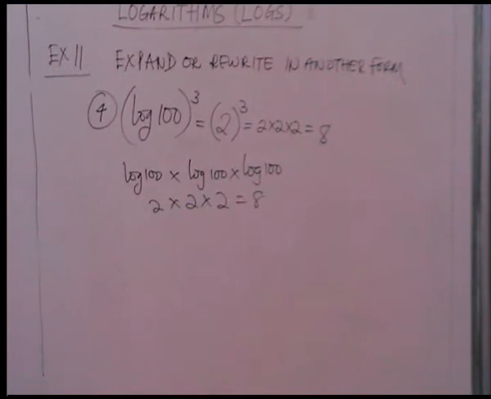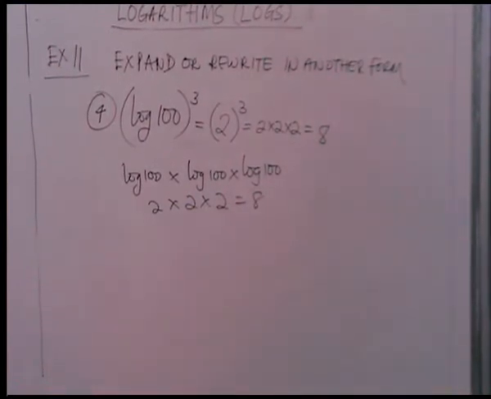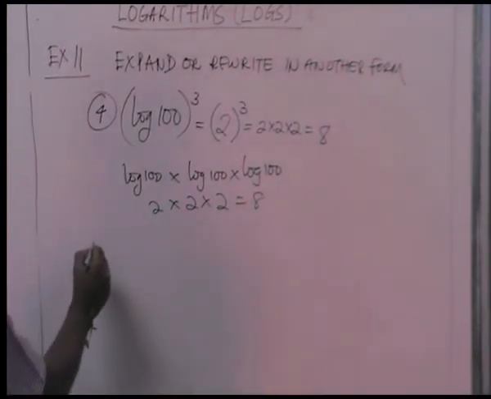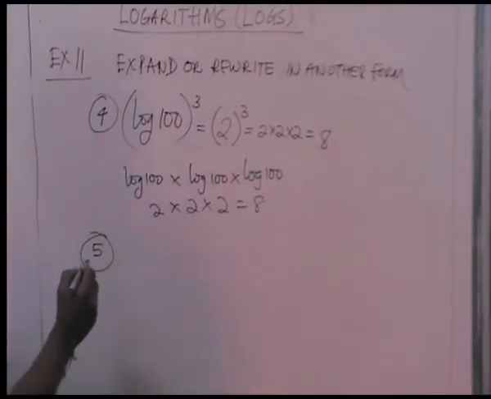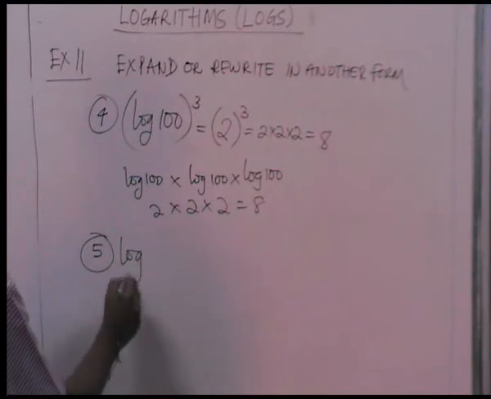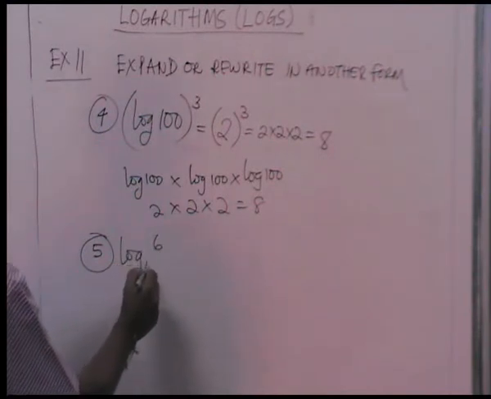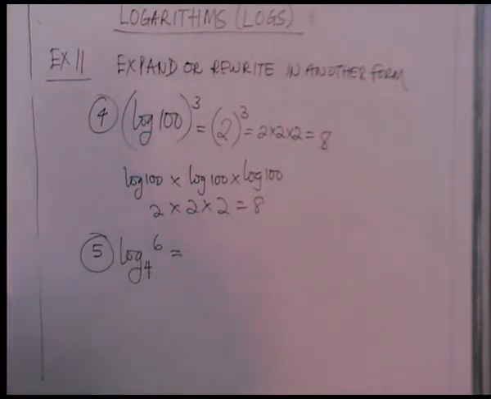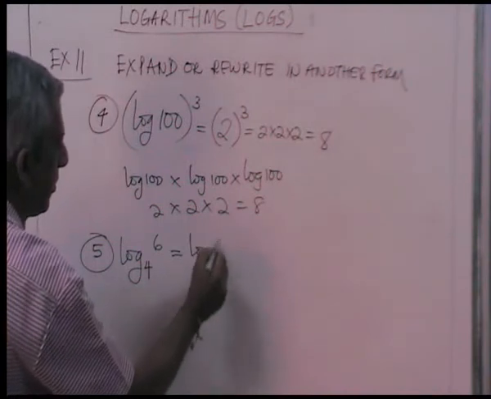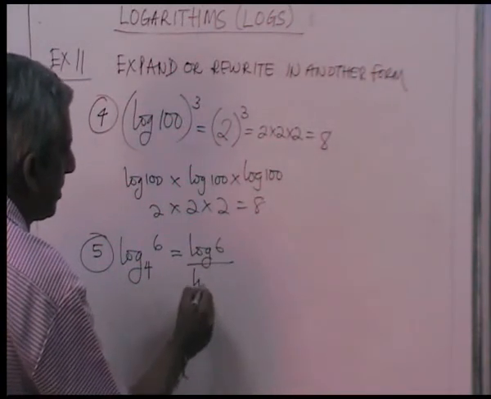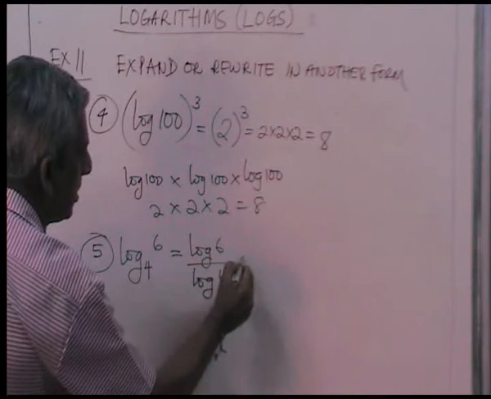Right, that was number 4. And finally we'll do number 5 now on the board. Number 5, you had log of 6 to the base 4. Well, what you will do in this case, you'll change the base, log of 6 all over log of 4.